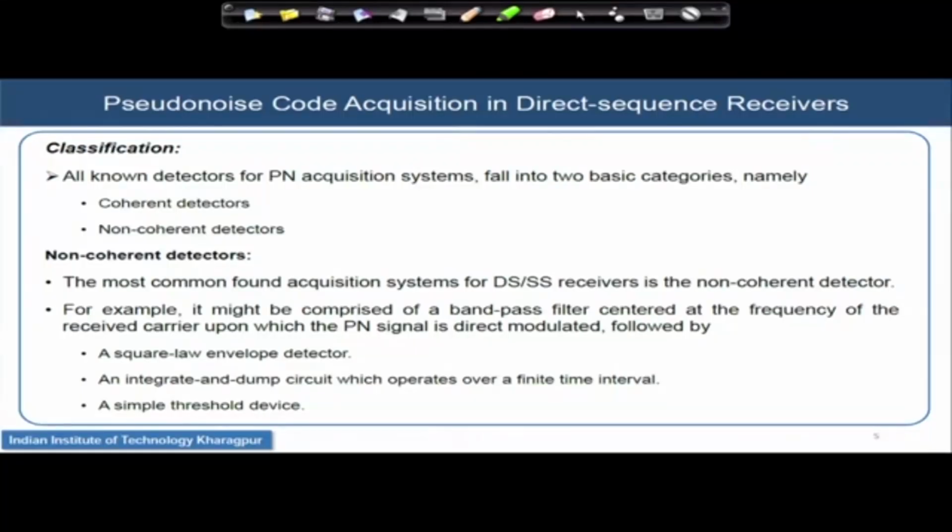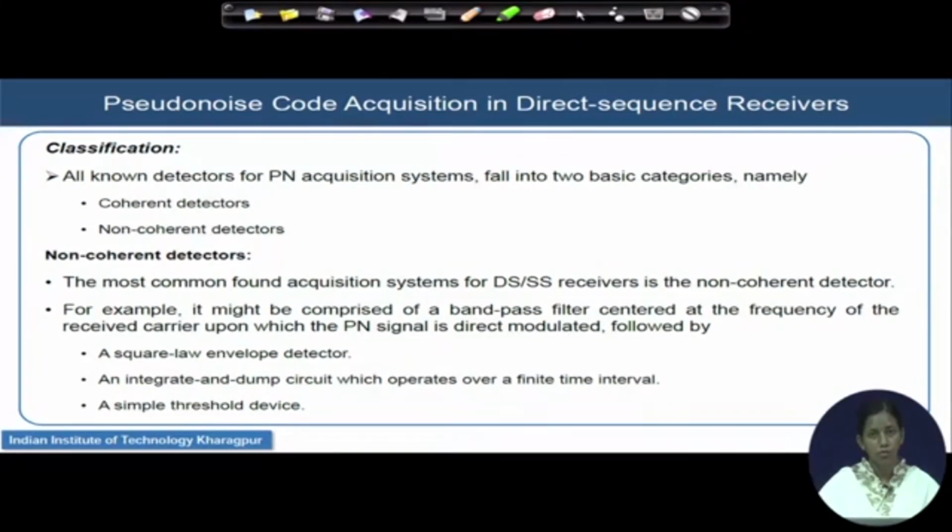While we are dealing with code acquisition and code synchronization, we assume that carrier synchronization is not done. That's why we don't have any information about the phase of the carrier frequency, and hence, once you don't know anything about the carrier phase and frequency, it is preferable to go ahead with non-coherent detectors.